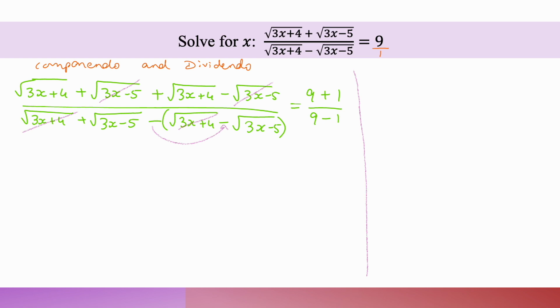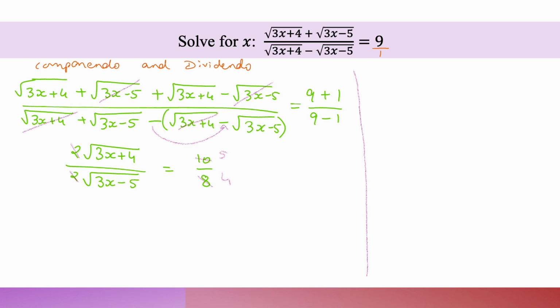So we are left with 2 times square root of 3x plus 4 upon 2 times square root of 3x minus 5 is equal to 10 upon 8. On simplifying this, 2 will get cancelled out, and reducing the right hand side, it will be 5 upon 4.